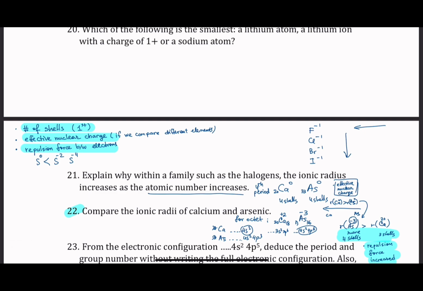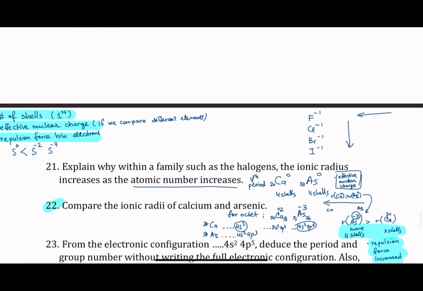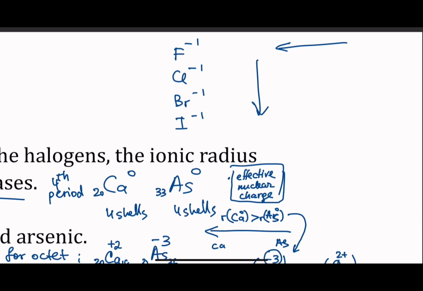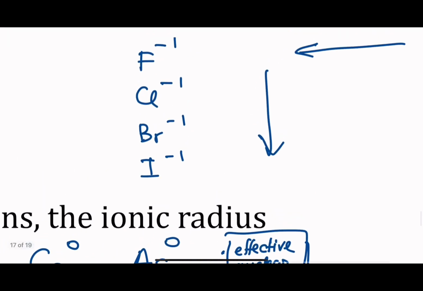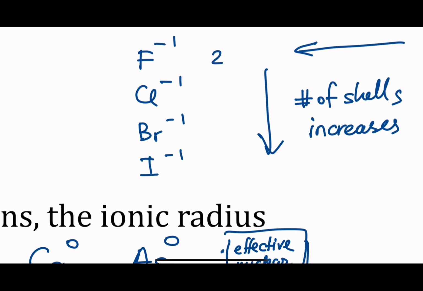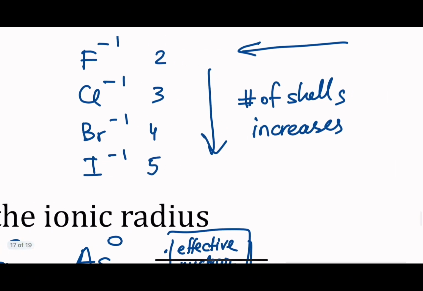And it also tells us the ionic radius increases as the atomic number increases, which actually makes sense too. The main reason is the number of shells increases. Fluorine is second period, which means it has 2 shells, chlorine is third, this is fourth and fifth, so the number of shells increases.